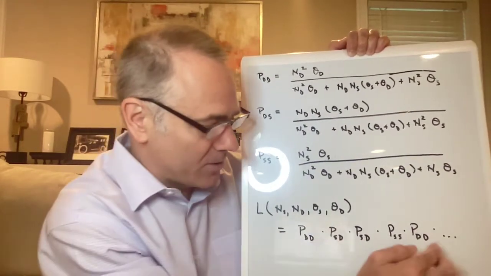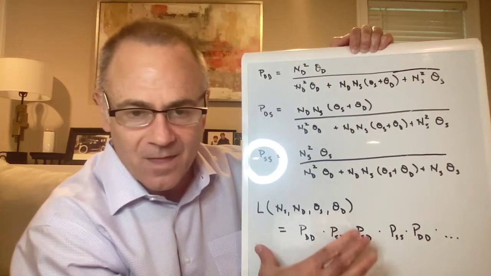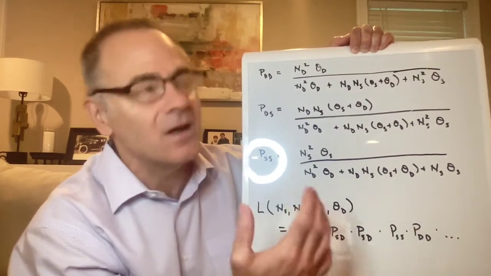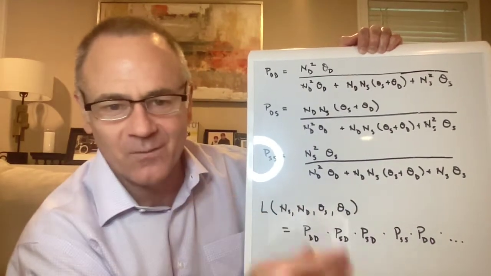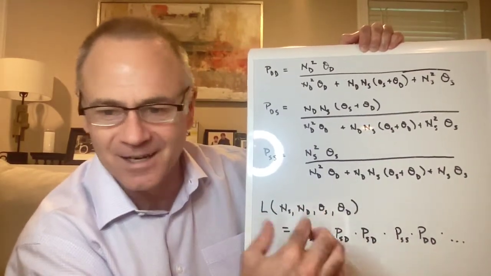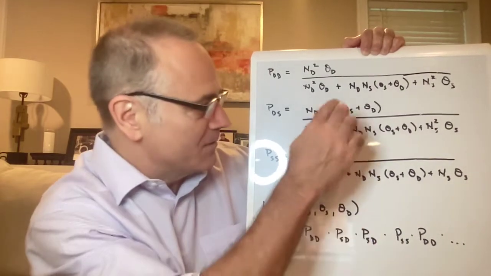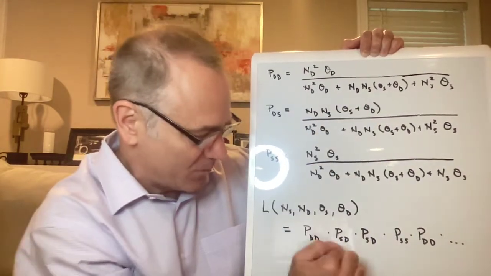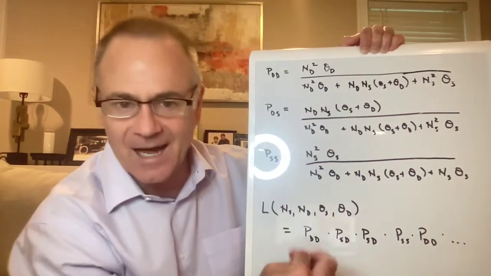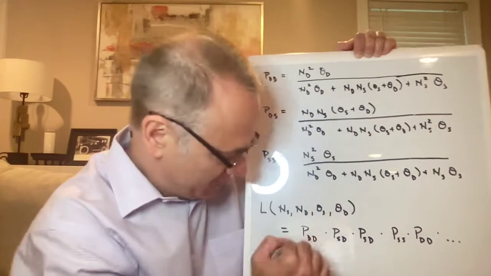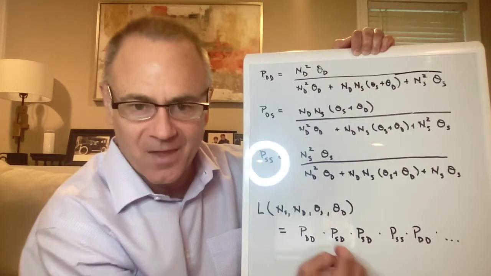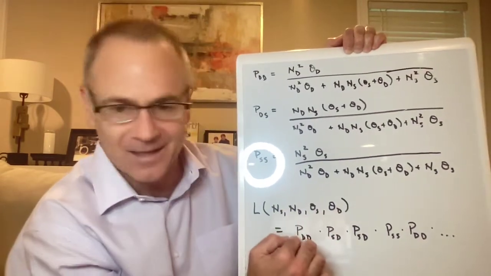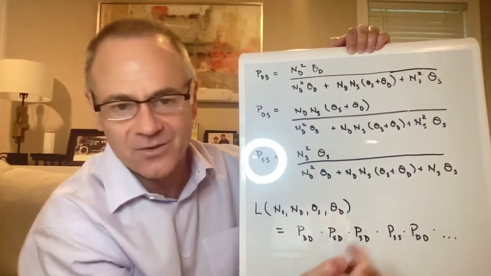And if the p terms don't change, notice that there are no other sightings, I'm thinking of Bigfoot and Sasquatch, of theta S and theta D except for the ones that are inside those p terms. You don't see any theta S's and theta D's in this L term, except that they're in the p terms.